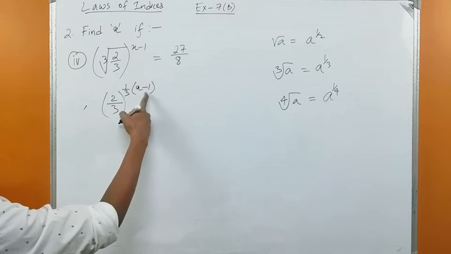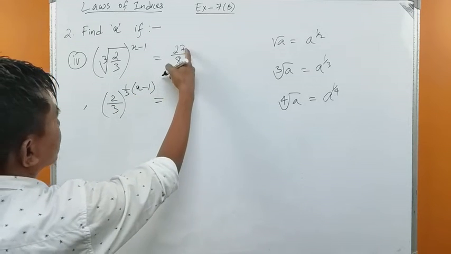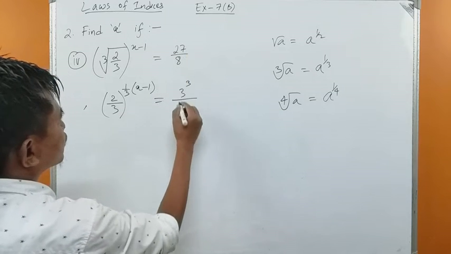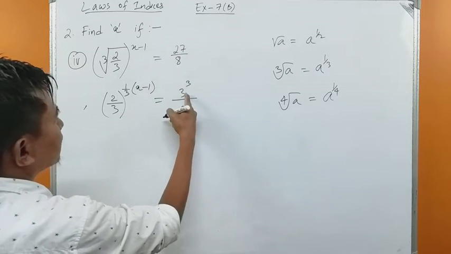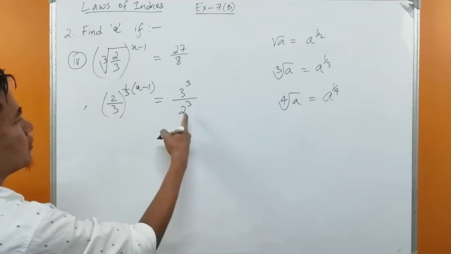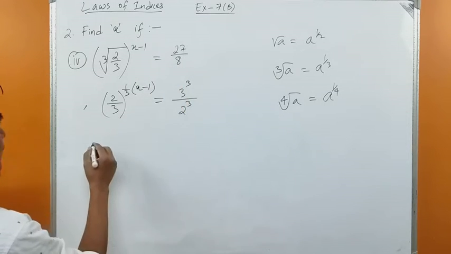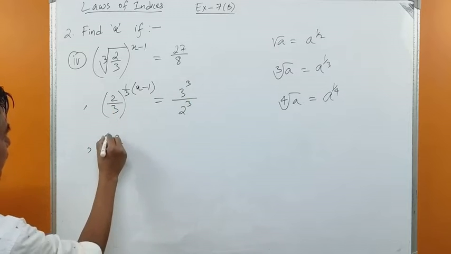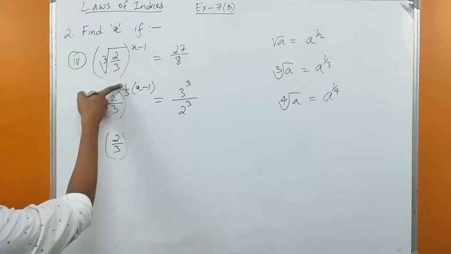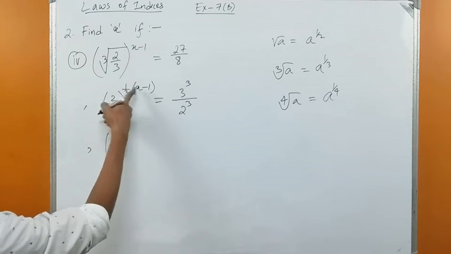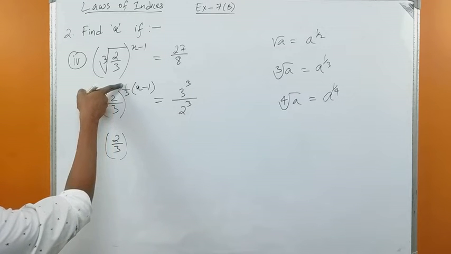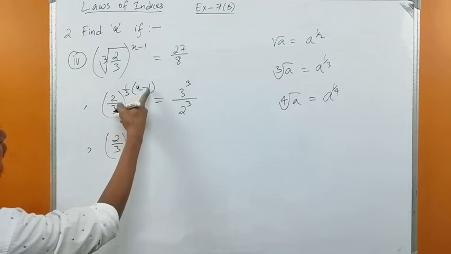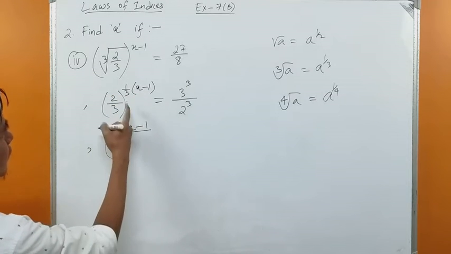So we write x minus 1 equals to 27 means 3 cubed, and 8 means 2 cubed. 3 multiplied 3 times gives us 27, 2 multiplied 3 times gives us 8. So 2 upon 3, now let us multiply x minus 1 with 1 because 1 is in the numerator. So 1 into x is x, minus 1 into 1 is 1, and in the denominator we have 3.